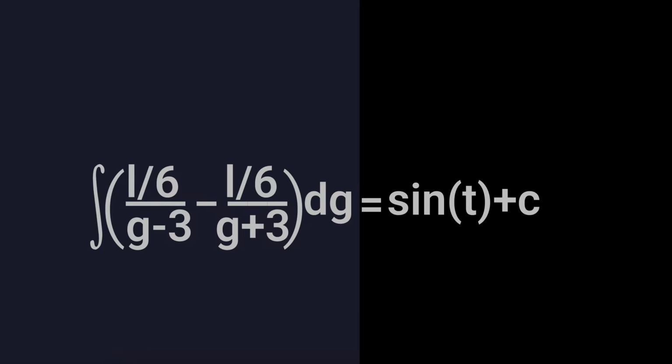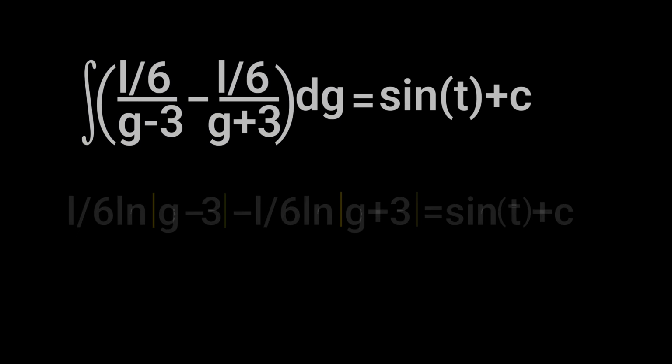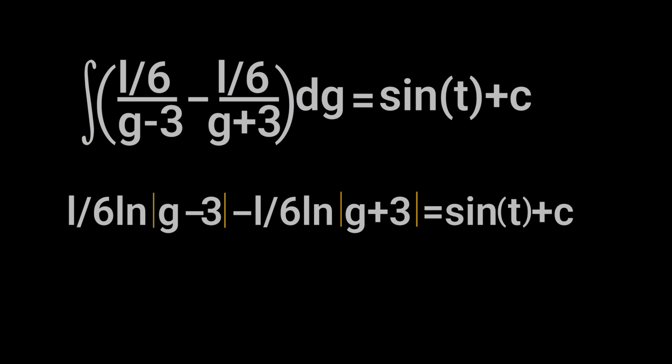Once we integrate, we have 1 over 6 ln absolute value of g minus 3 minus 1 over 6 ln absolute value of g plus 3 equals sine of t plus c. Now we can solve for g, but I'm just gonna leave it in explicit form. This is one of the ways that we can use the partial fraction method.